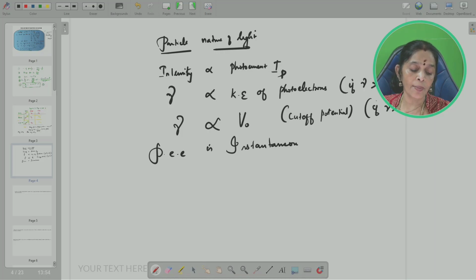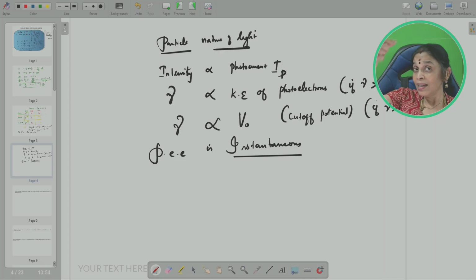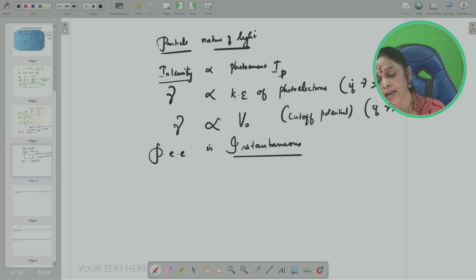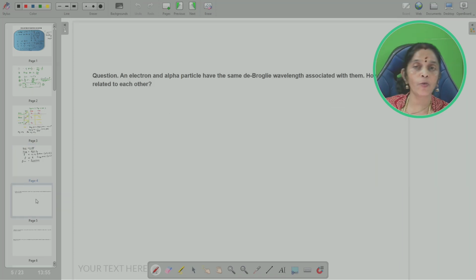There is no time lag between the incident light radiation and the ejection of the electron. So these are the laws of photoelectric effect. You can understand that photocurrent increases only with intensity, whereas it is independent of the frequency. Now let us start doing the first question.